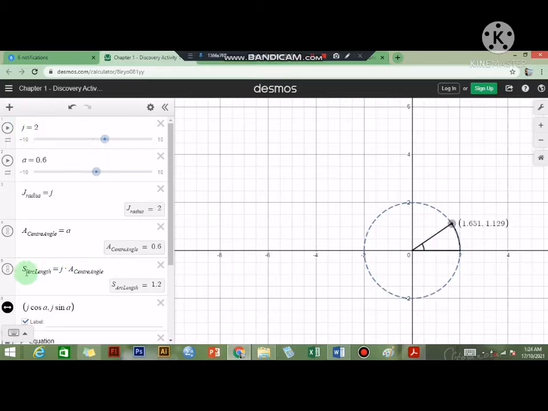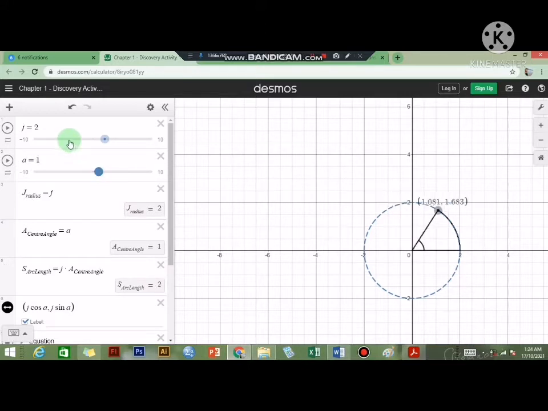So the length of arc also needs to equal 2. We need to drag slider A so that the length of arc equals the value of the radius, making the length of arc equal to 2 by dragging the value of A.